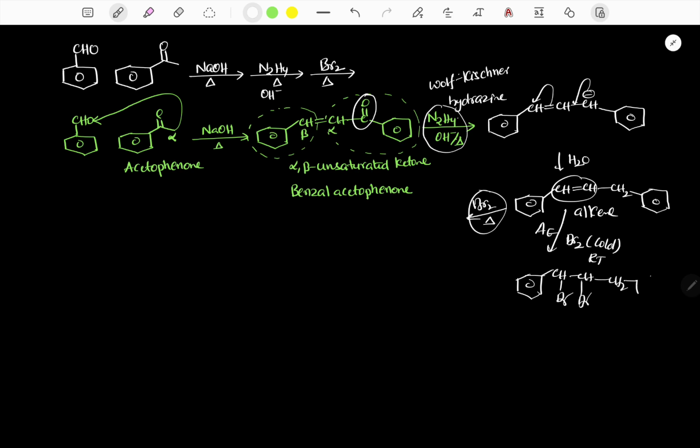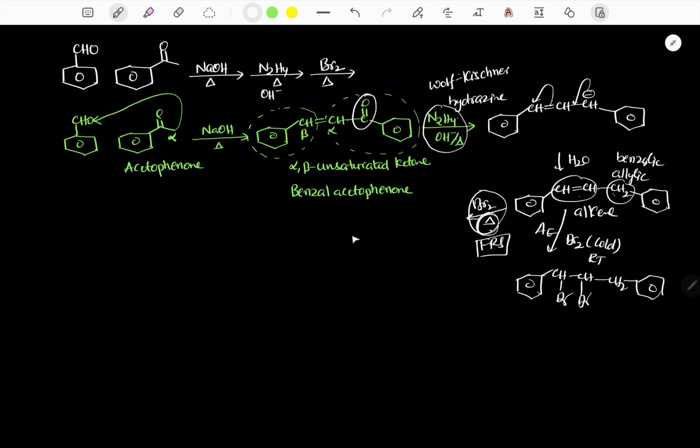But the same alkene treated with Br2 and heat at high temperature undergoes free radical substitution. We know that the carbon next to the double bond is allylic. With respect to benzene, it is benzylic, both allylic and benzylic.